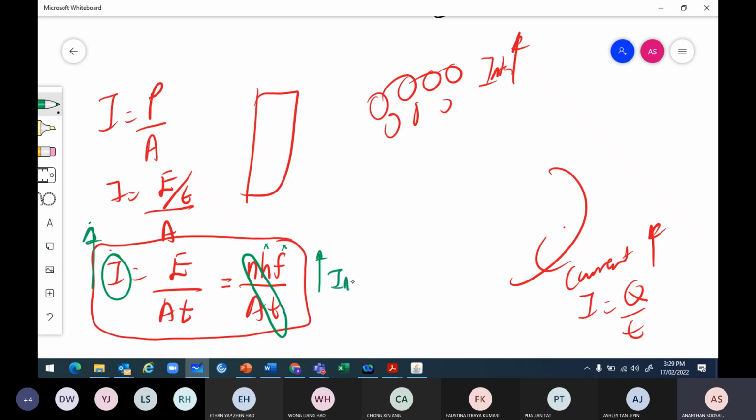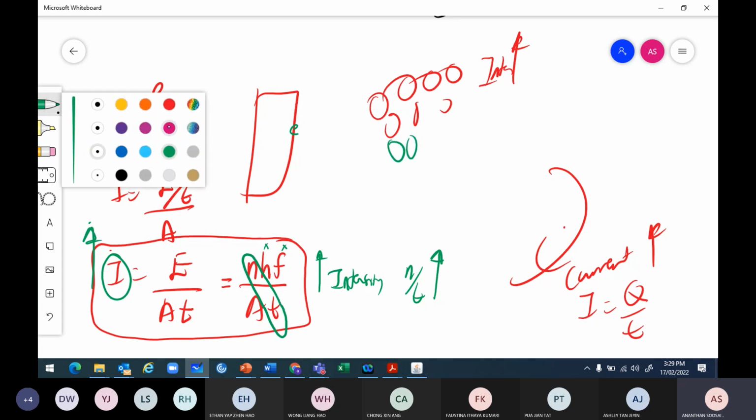When the intensity increases, n increases. What is n? The number of photons striking the surface area per second increases. You get more photons striking the surface per second.